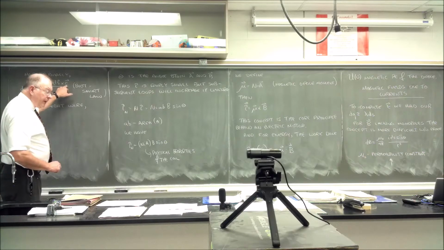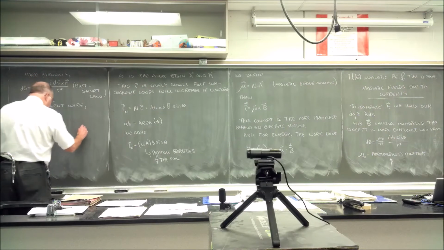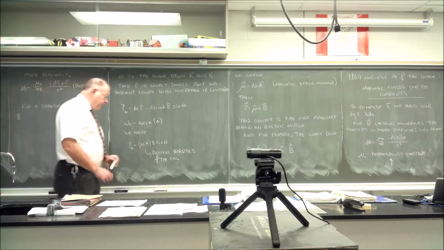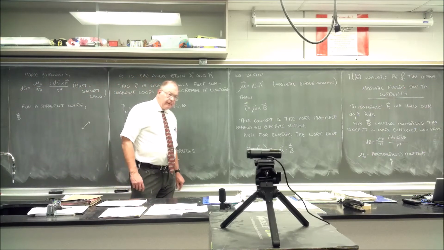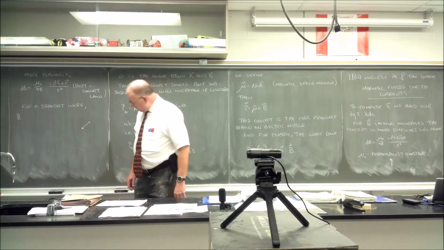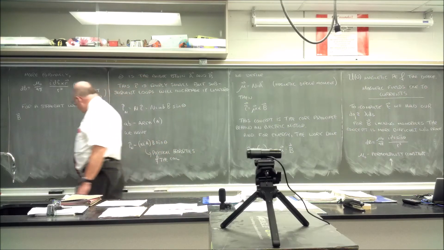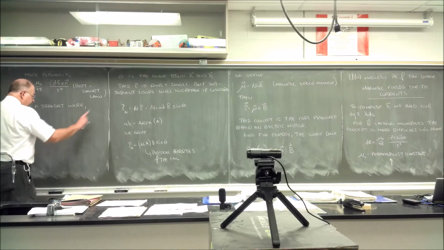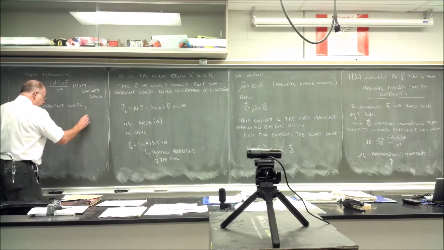So that means that if we have a conductor here and the current's going into the board, and we have a radius here, then the magnetic field must always be perpendicular to both. So for a straight wire, we can infer some things without getting too wild on the math. So if it's going into the board and the other one's coming straight out, then the only choice this one has is to do this.